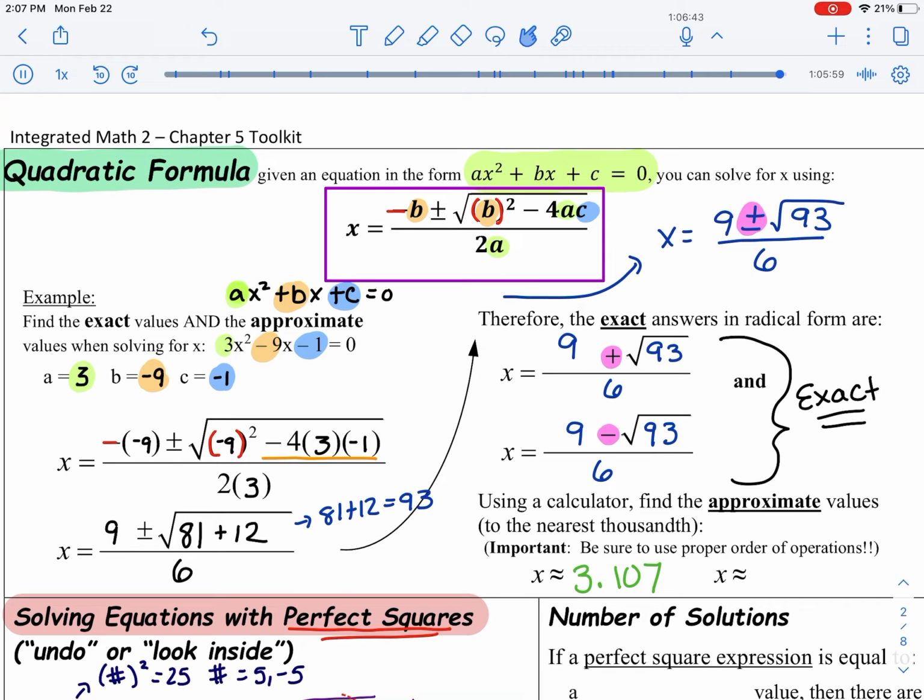And then using the equation x equals 9 minus the square root of 93, all divided by 6, I'm going to end up with, punching this up in my calculator, negative 0.107. And again, those are my approximate values, my approximate answers to this equation. And there you have it, your example on using the quadratic formula to solve quadratic equations.